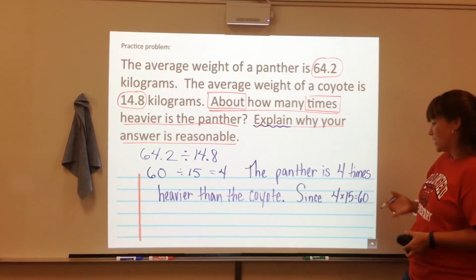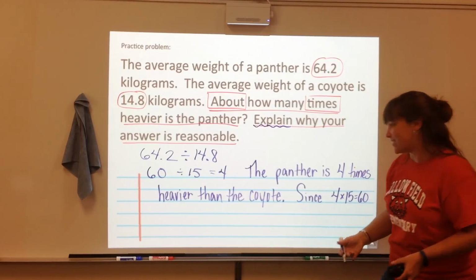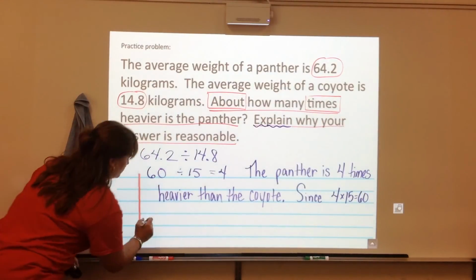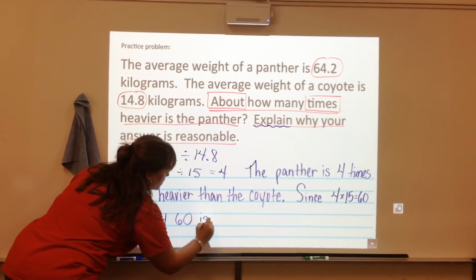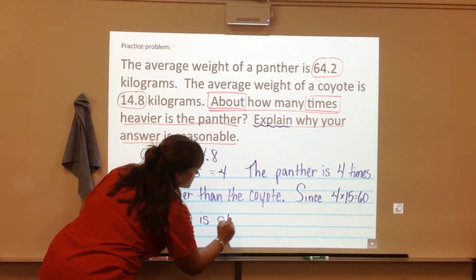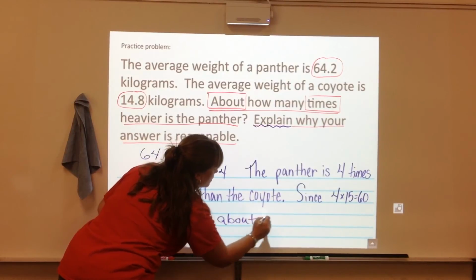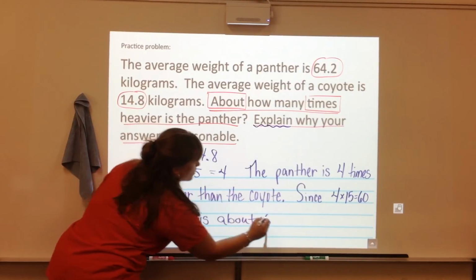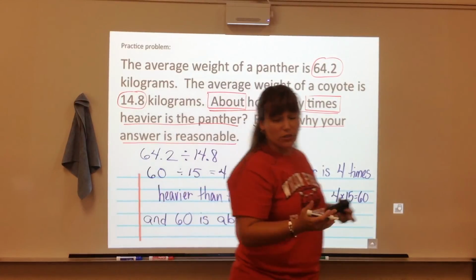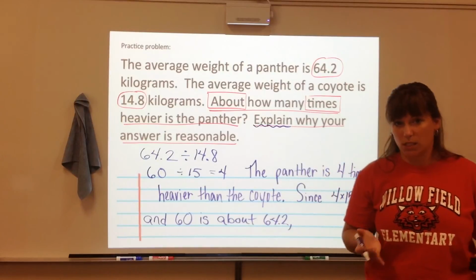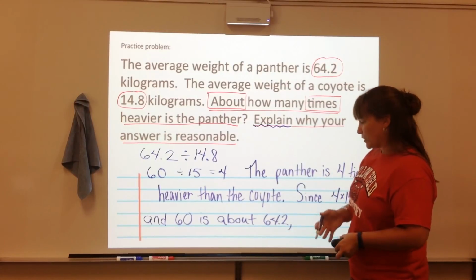Since 4 times 15 is 60, and 60 is about, there's my estimating word, 64.2, so I've just shown that 60 is close to 64.2.